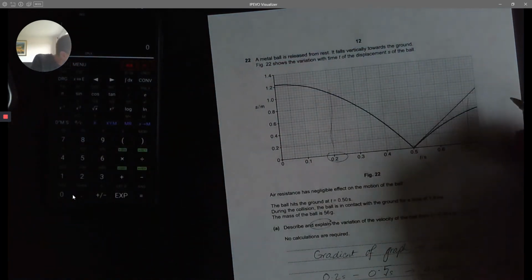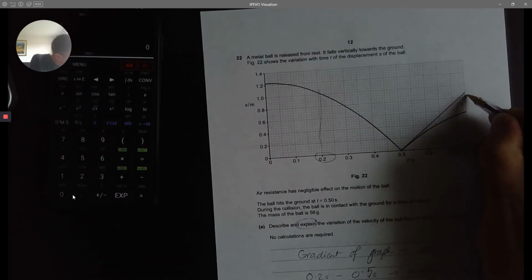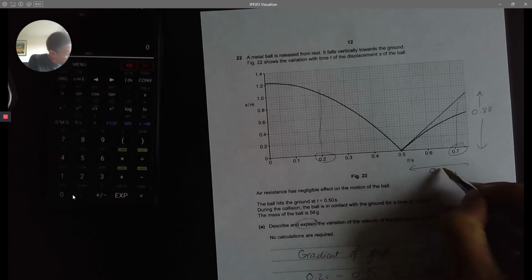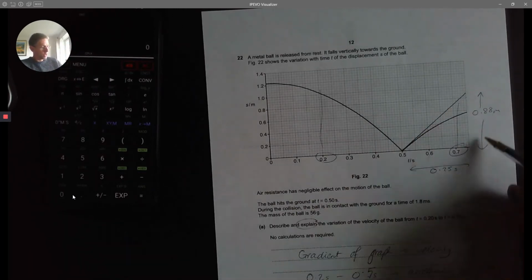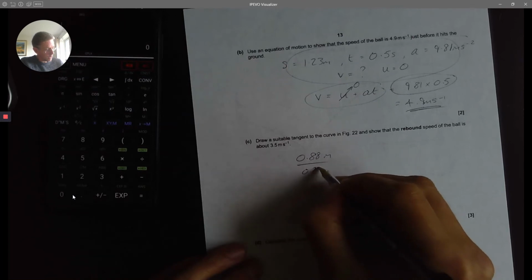Each one of these little squares is 0.04, so that's 0.88, and that's 0.25. So you want to be doodling something like that on your paper, and then just over here you just need to do the calculation to get the speed.